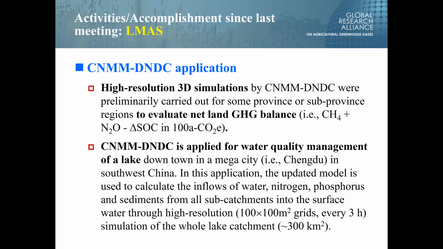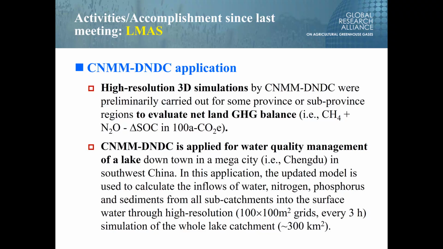We have tried to apply the model for high-resolution 3-dimension simulations at the province or sub-province scale to evaluate the net land greenhouse gas balance. This model is also applied for water quality management of a lake downtown in a megacity in southwest China.